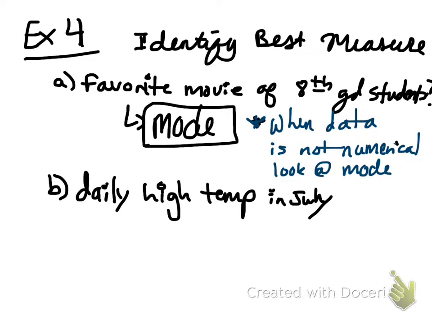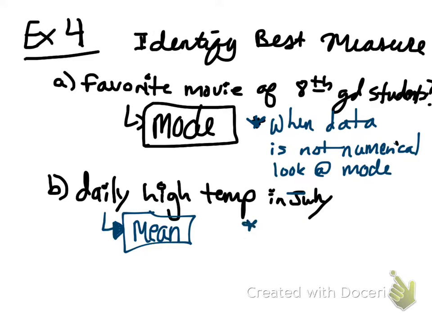Well, you're looking at a bunch of different numbers. There's not going to be an outlier likely, because in July you're going to have mostly the same temperatures, probably 80s to 90s for a week in July in California. So you don't need to be too worried about an average, and you're going to be comparing those numbers to one another. So the mean or the average is what you should use there.